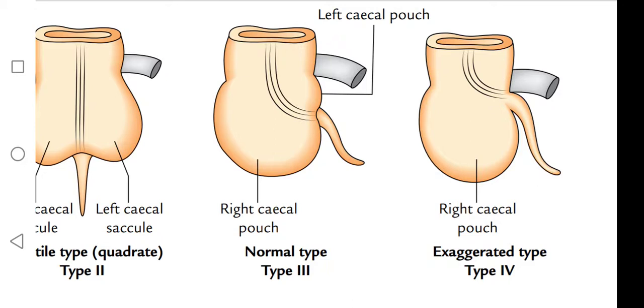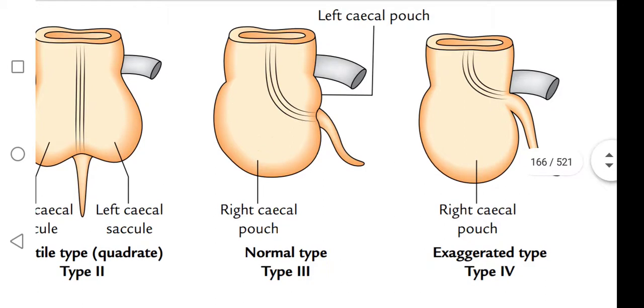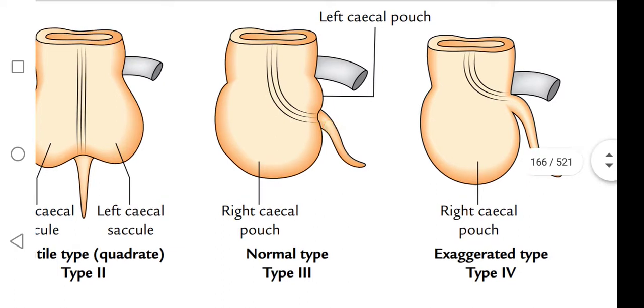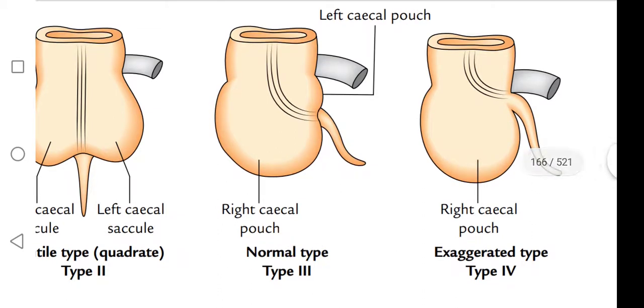I think it is understood. The normal type is nearly 80 to 90% present.